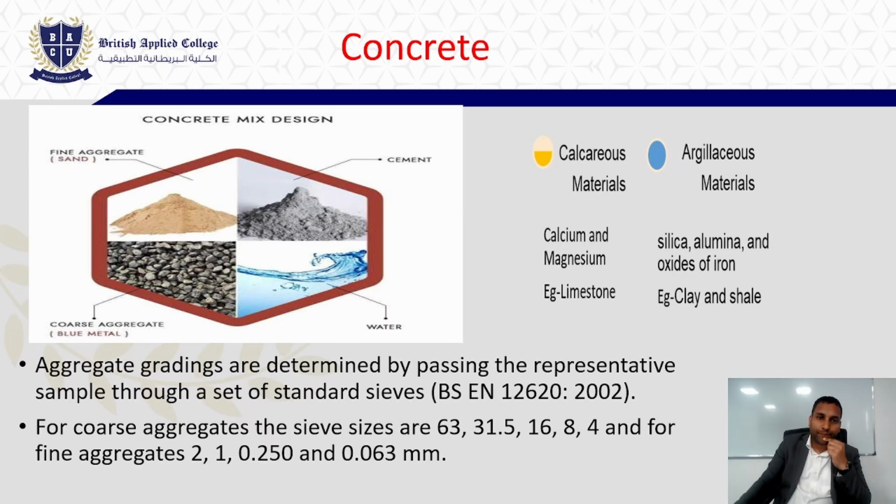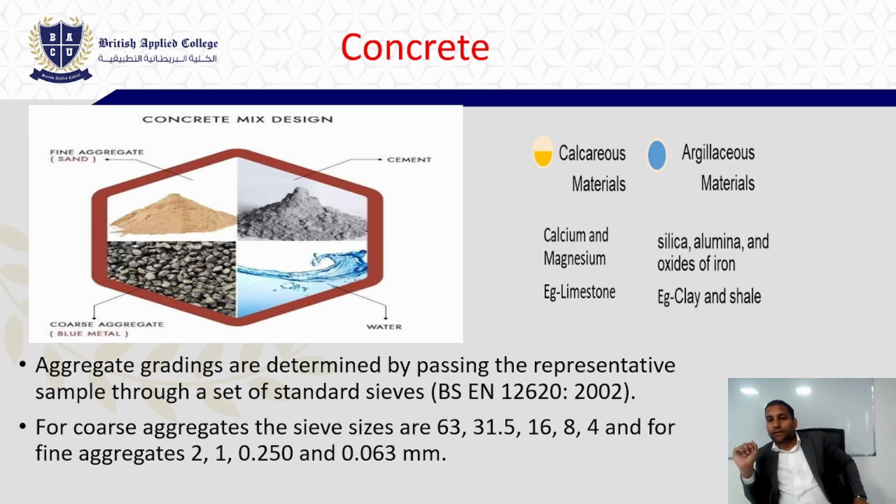Now what you need to know is while calculating the amount of materials for the concrete. Suppose you need to make a slab. Say the slab is 2 meter by 5 meter.